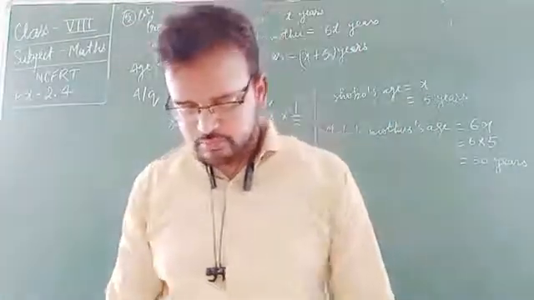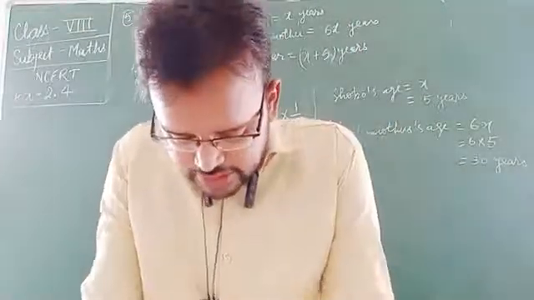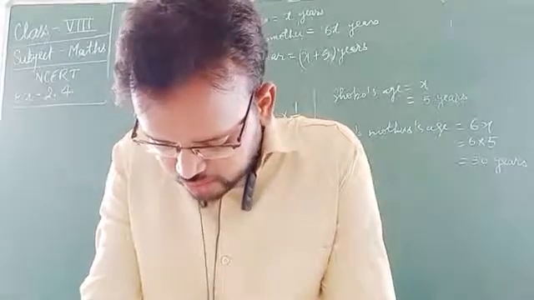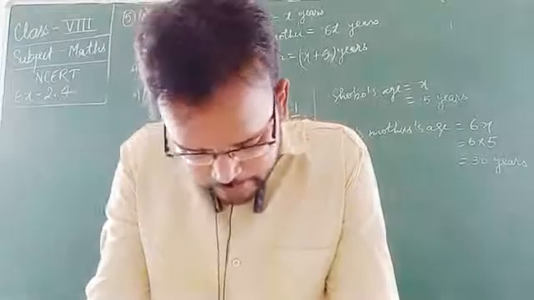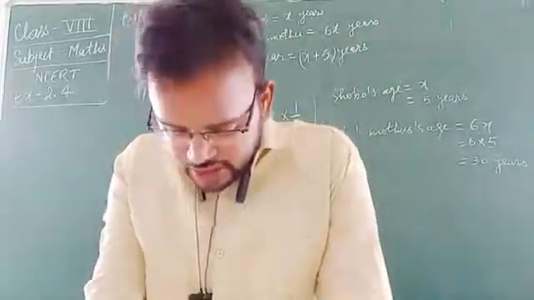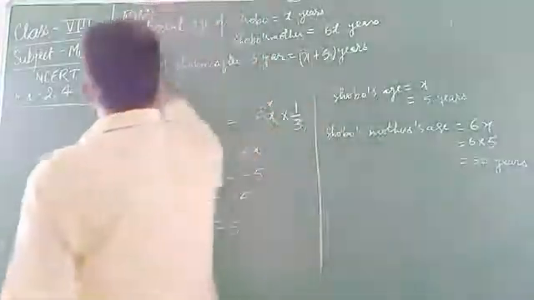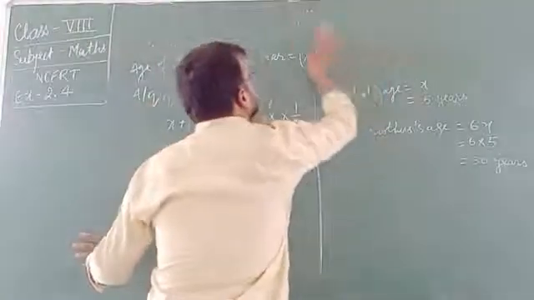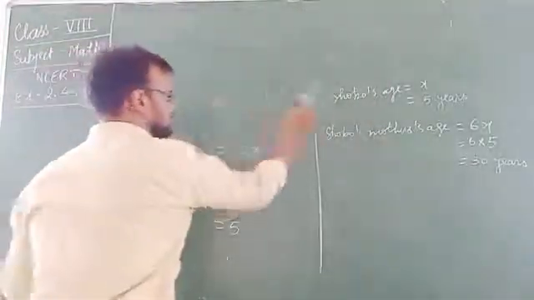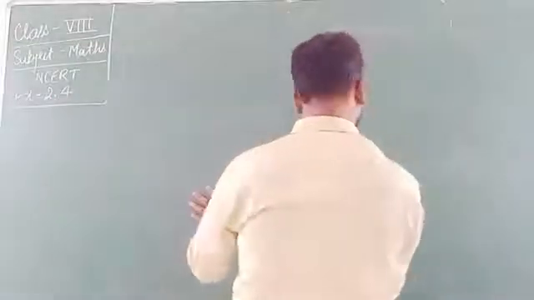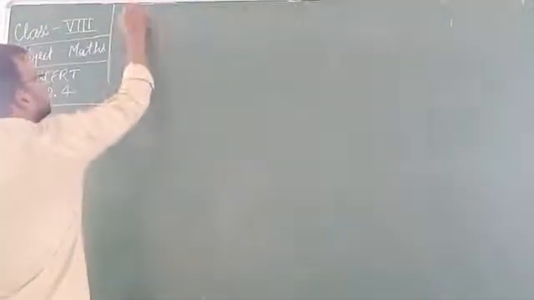Now see question number 6. Question number 6 is given. There is a narrow rectangular plot reserved for a school in Maholi village. Okay, rectangular plot. The length and breadth of the plot are in ratio 11:4. First of all, we let the ratio of the plot in question number 6.